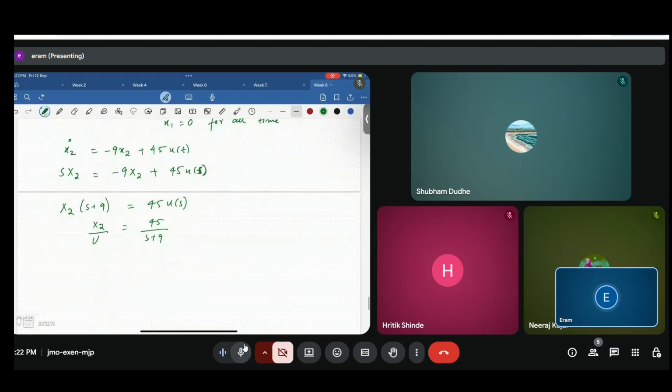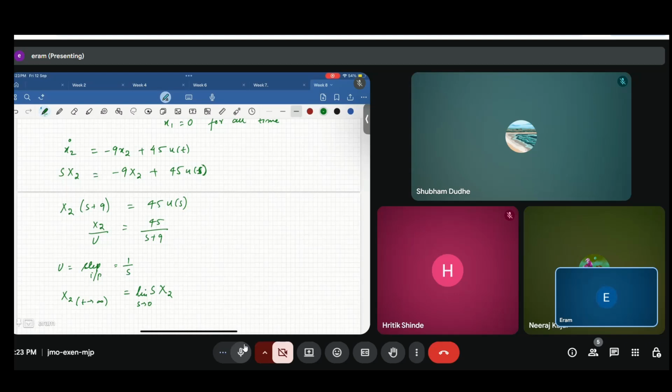Now can you apply the final value theorem here? You have u given as a step input, which is 1 by s. Finding x2 as t tends to infinity is equivalent to finding s into x2 as s tends to 0. Am I right?